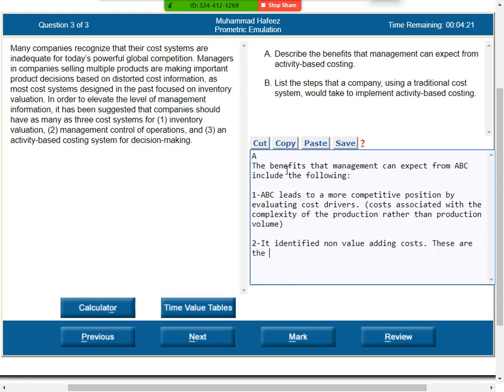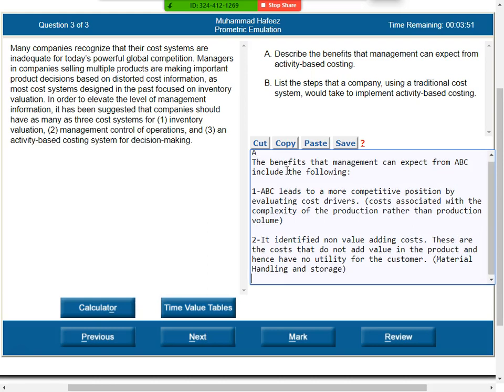These are the costs that do not add value in the product and hence have no utility for the customer, like material handling and storage. Customer is not willing to pay extra price for these. So these can be eliminated, or if not eliminated, they can be reduced.